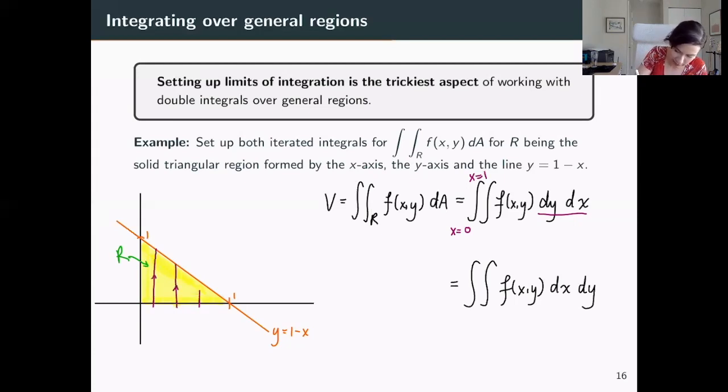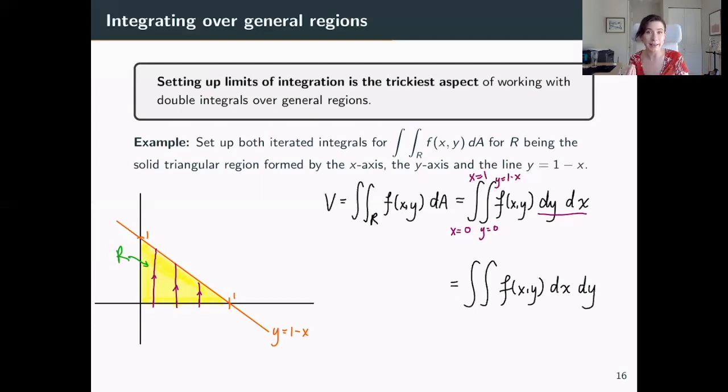And that's where these arrows come in. And we can see that our y values are always starting at 0, and I'm going to take those y values all the way up to y equal to 1 minus x. So I'll end up with y equals 0 to y equal to 1 minus x.